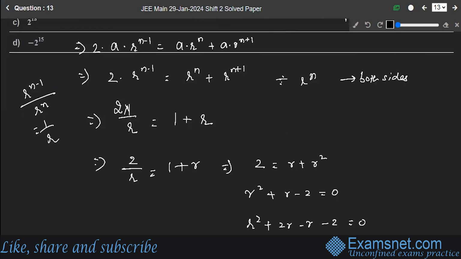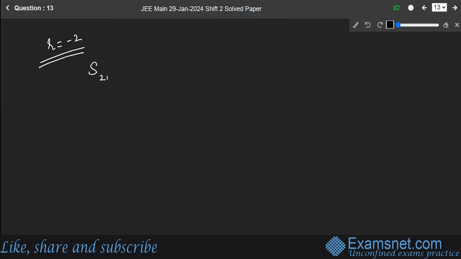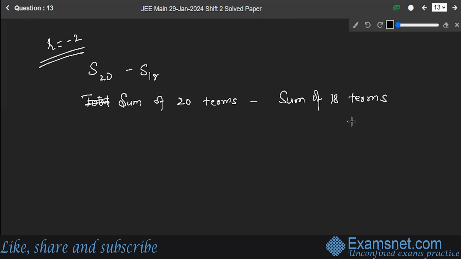S20 minus S18. What does S20 minus S18 mean? It means the sum of 20 terms minus the sum of 18 terms. And the sum of 20 minus 18 terms is nothing but the 19th and the 20th term, the sum of that, right?